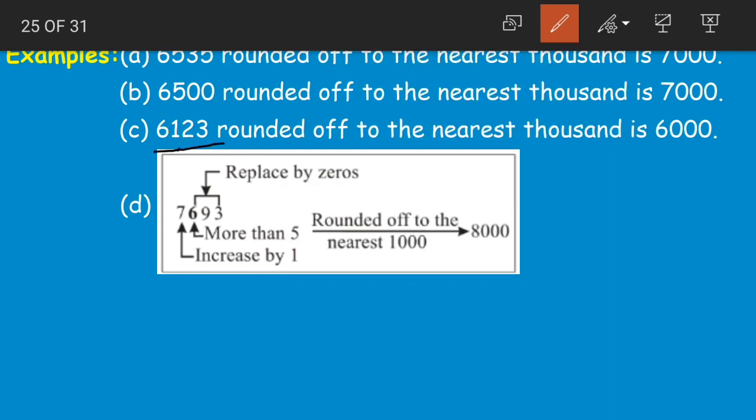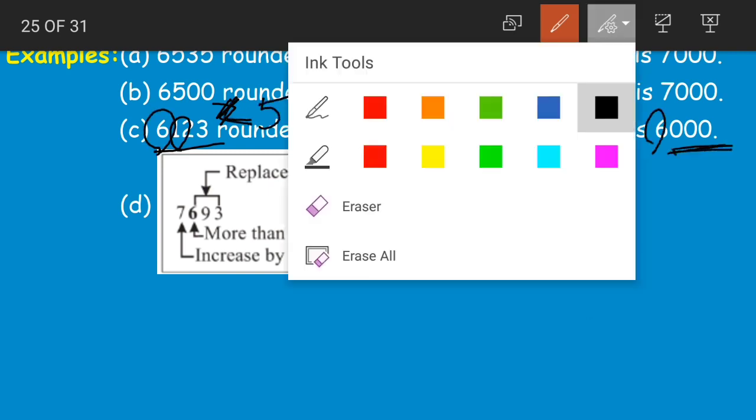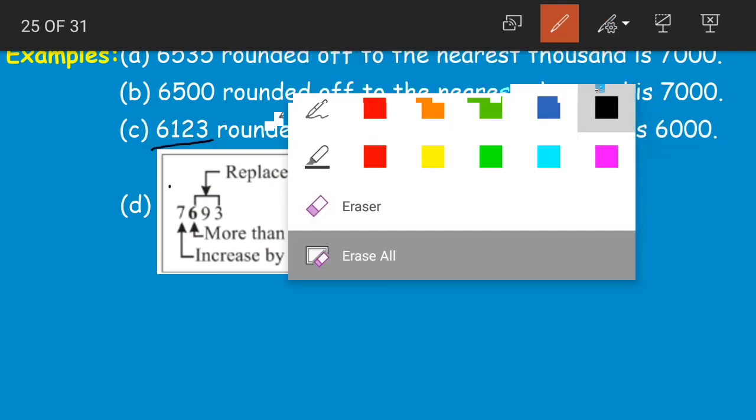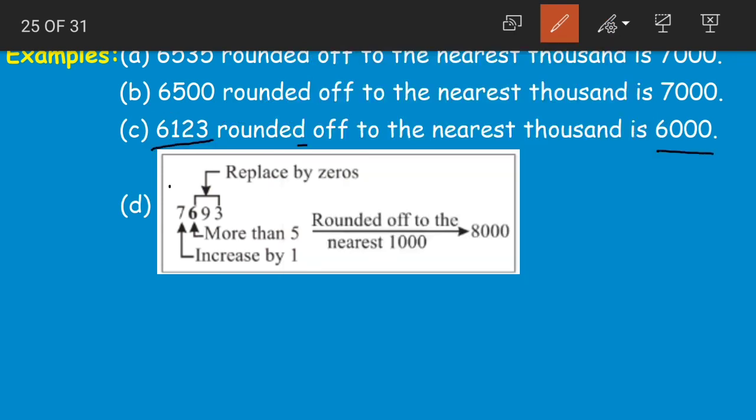Again, 6123. We are having 1 at hundreds place. It is less than 5. So the 6 remains the same. So we have 6 and replacing the remaining digits with 0. 6123 becomes 6000 when rounded off to the nearest thousand.